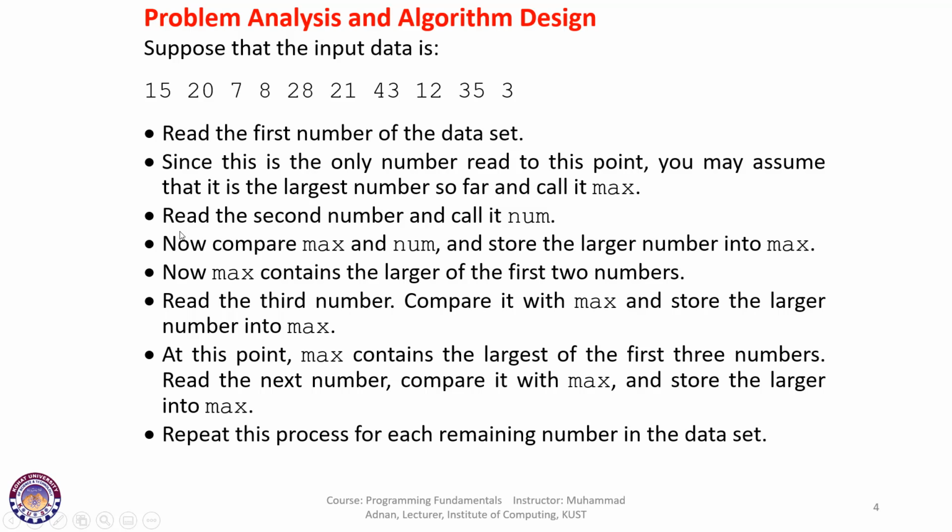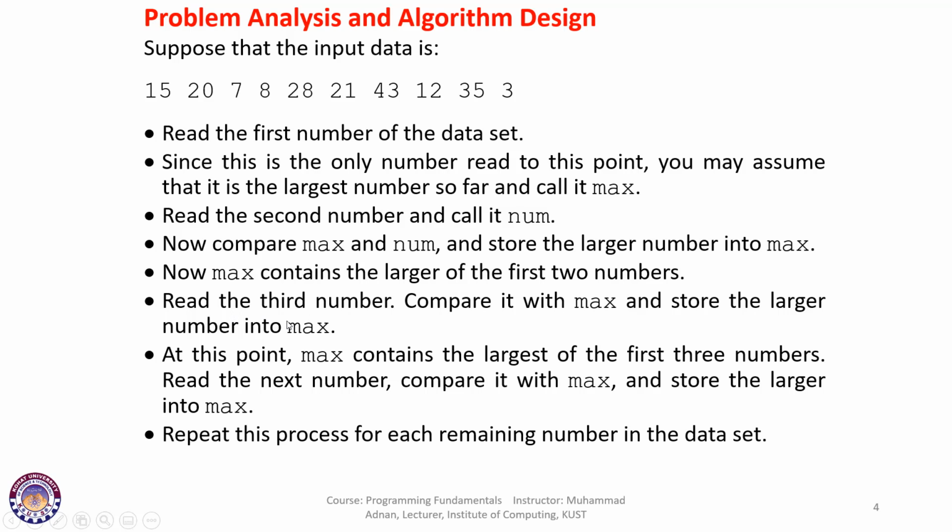We then read the second number and call it num, and then we compare max with num and store the largest number into max. So then the largest of these two numbers will be the largest number, and we will put it into the max variable. Now max contains the largest of the first two numbers.